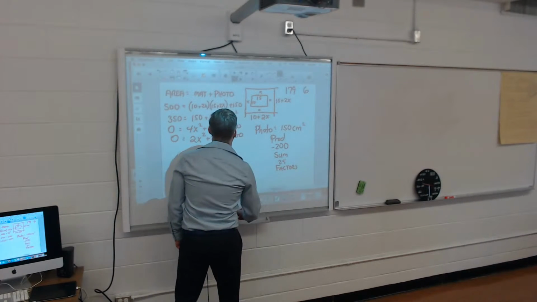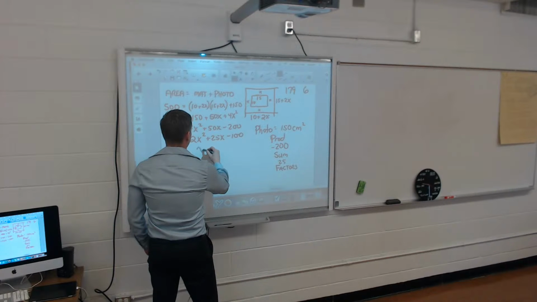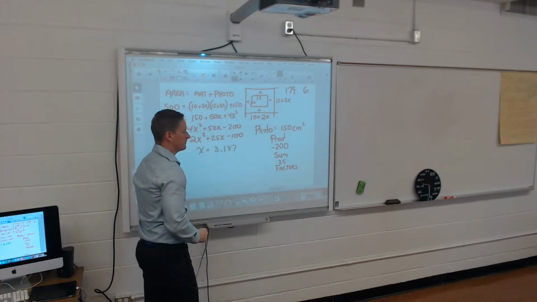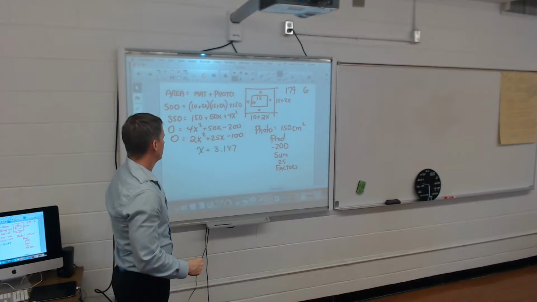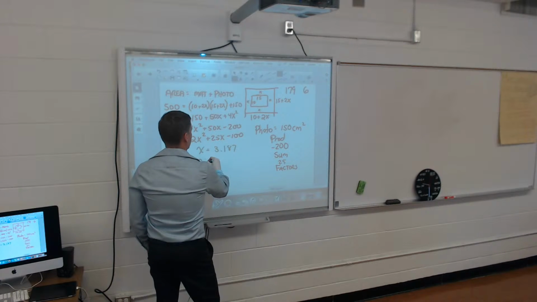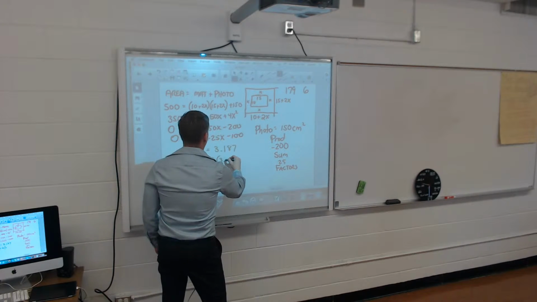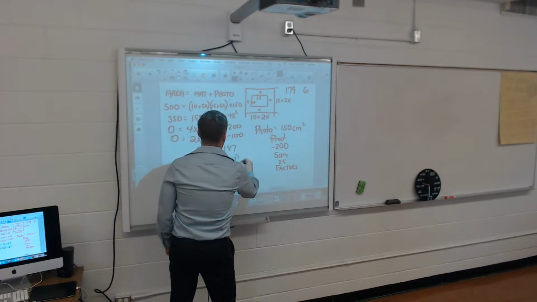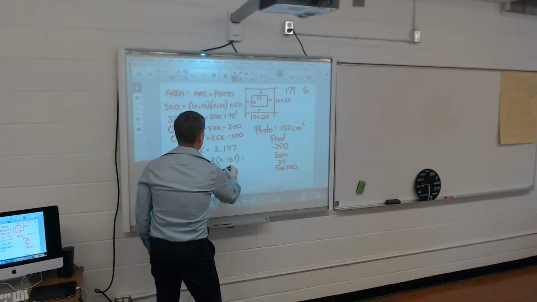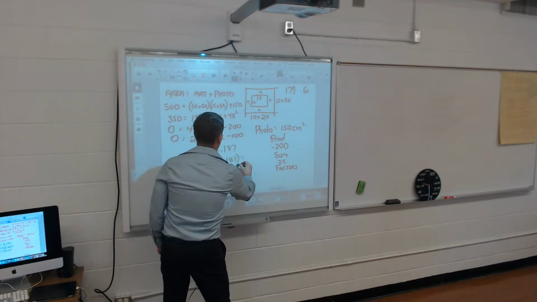So let's go back to here. My x is 3.187. That means the length would be 10 plus 2 times 3.187, and the width would be 15 plus 2 times 3.187.